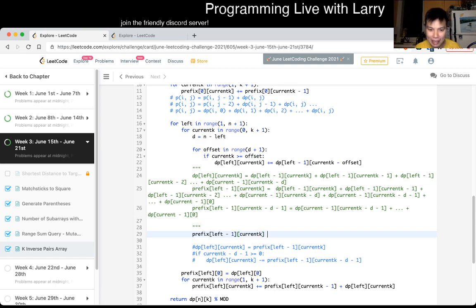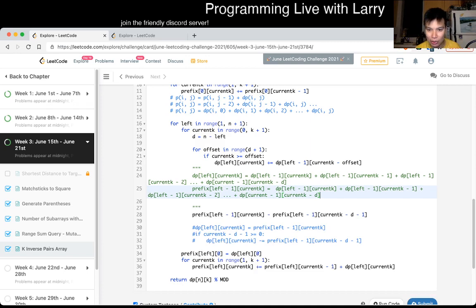So this minus this, and of course in that case all this stuff cancels out. This part is just prefix this part, it is just this part, and that cancels out. And that's what we want. So that means this is equal to this formula, that's the idea about that part of the prefix sum.